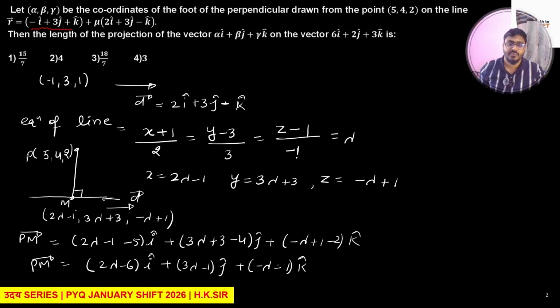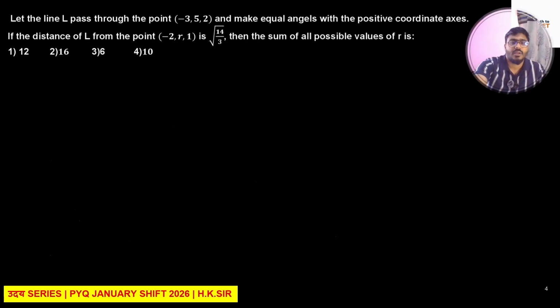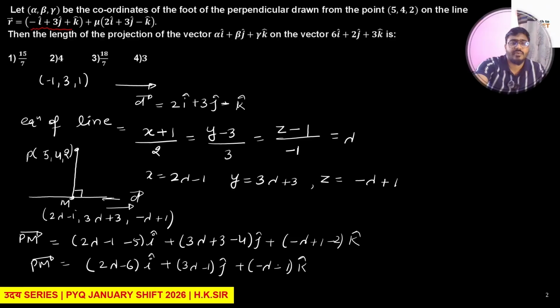So we can write here: PM vector dot d vector equal to 0. So what is PM vector? PM vector is 2 lambda minus 6 i cap, 3 lambda minus 1 j cap, minus lambda minus 1 k cap, into d vector. What about the d vector?